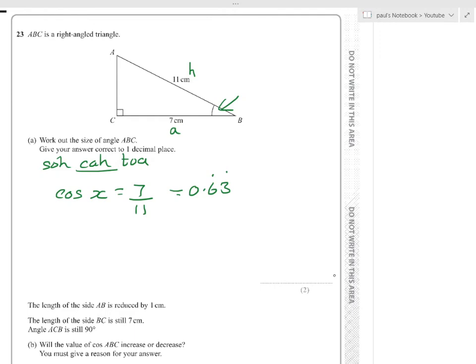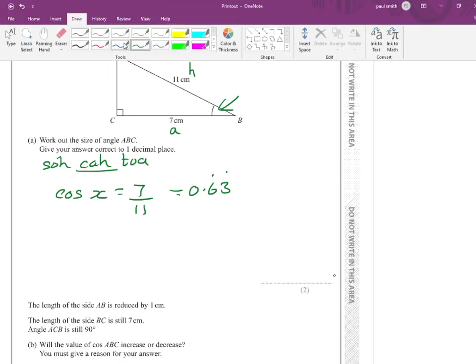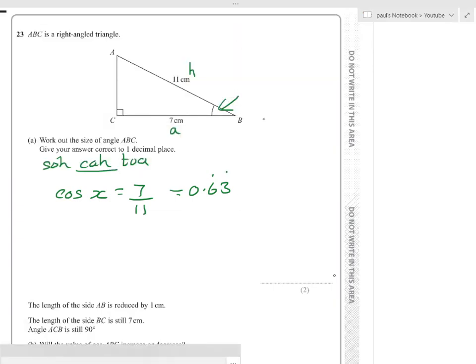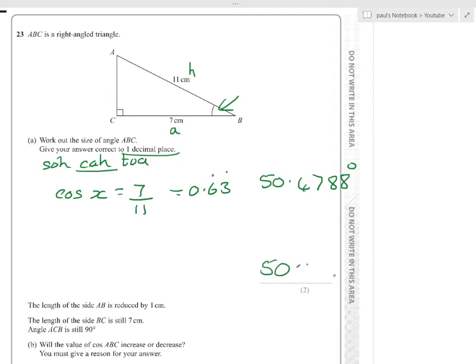Give your answer to 1 decimal place. It's 50.4788 degrees. Should we go for 50.5?